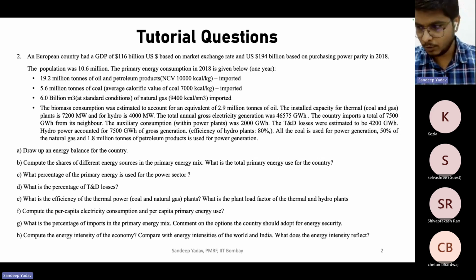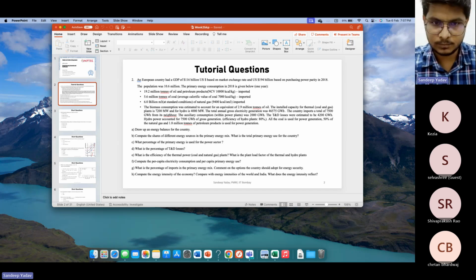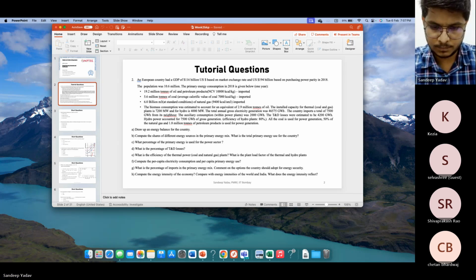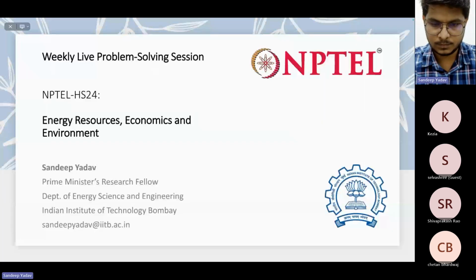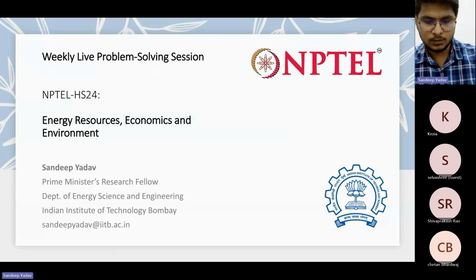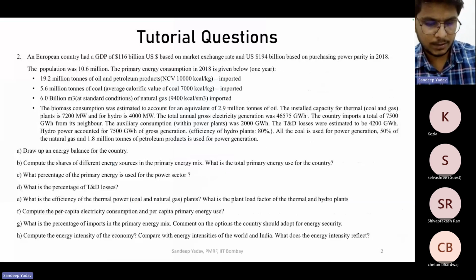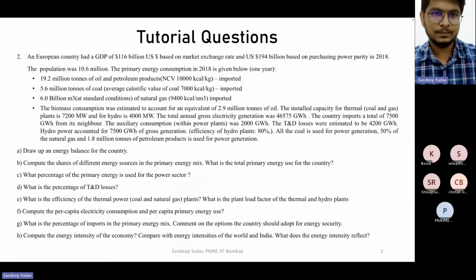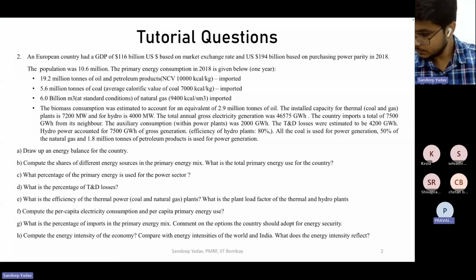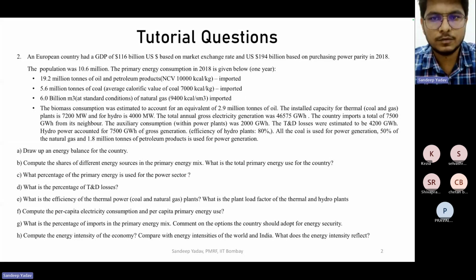So here is what this problem says. A European country had a GDP of $116 billion based on the market exchange rate, and US $194 billion based on purchasing power parity in 2018. The population was 10.6 million.